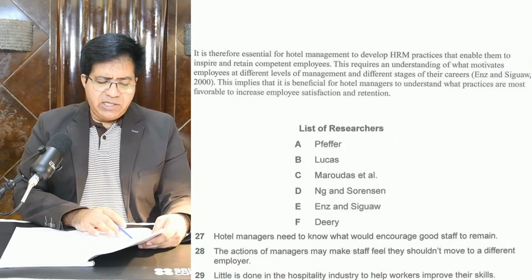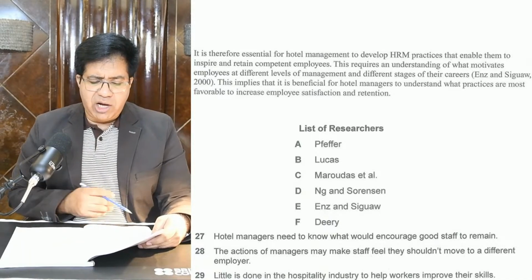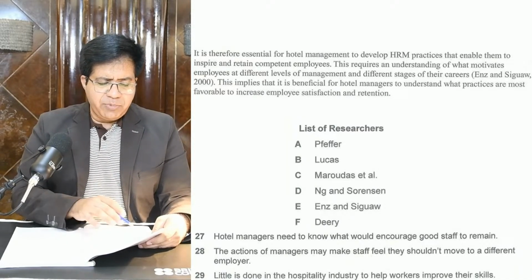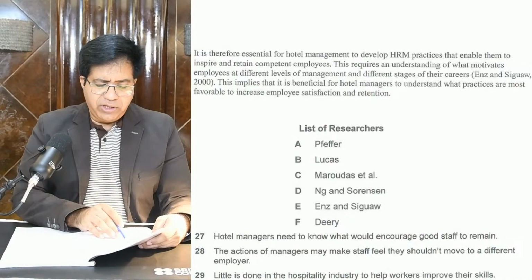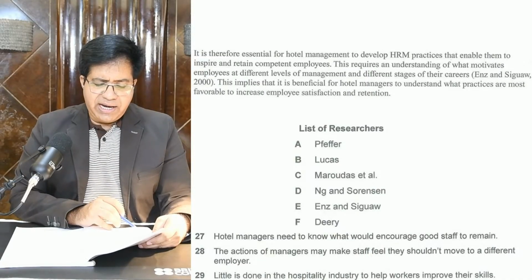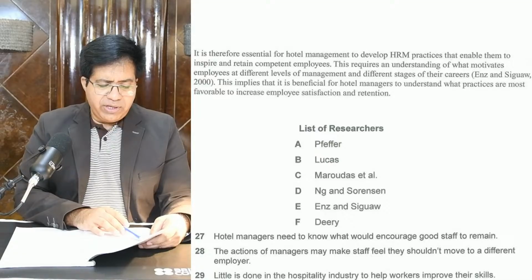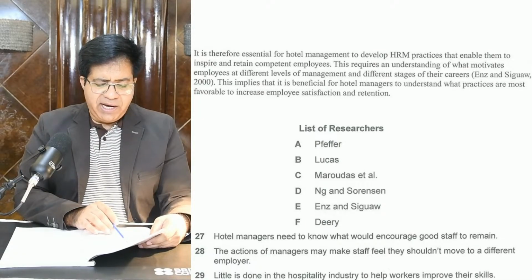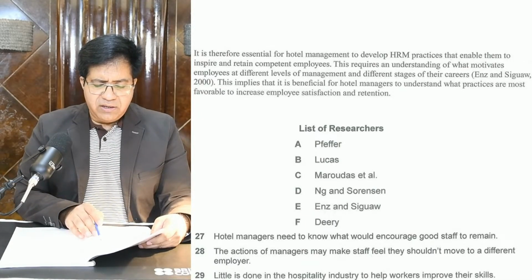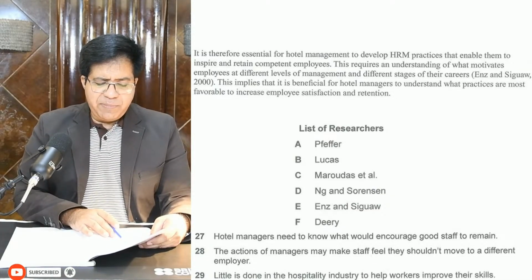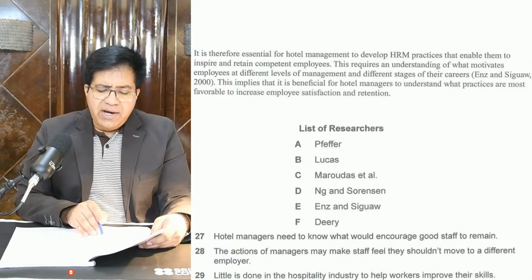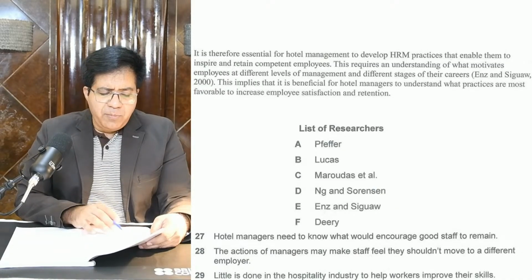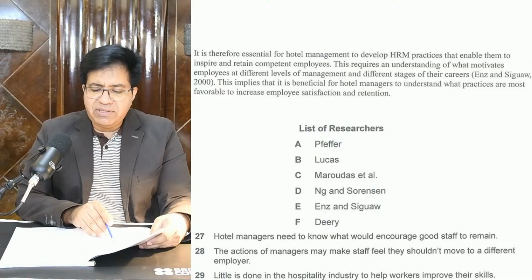It is therefore essential for hotel management to develop HRM practices that enable them to inspire and retain competent employees. This requires an understanding of what motivates employees at different levels of management and different stages of their careers, Ens and Sigwa. This implies that it is beneficial for hotel managers to understand what practices are most favorable to increase employee satisfaction and retention. Retention means they stay with the same company.